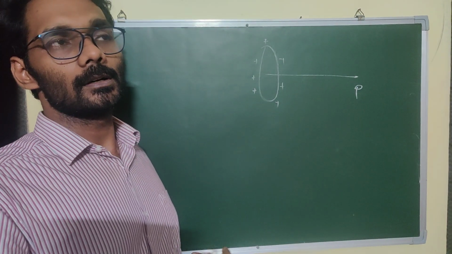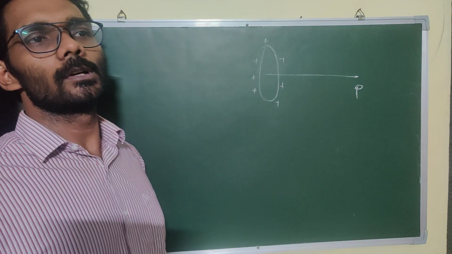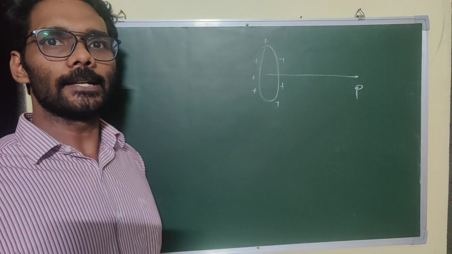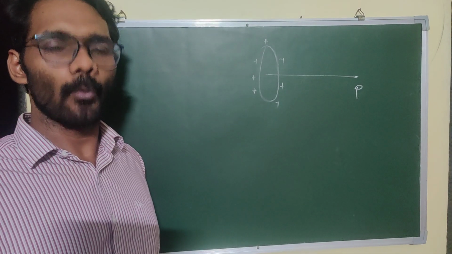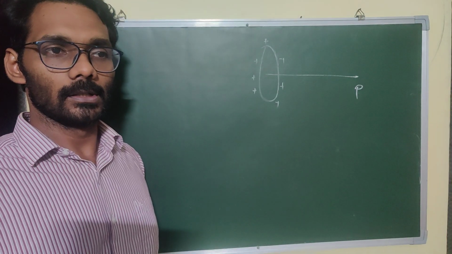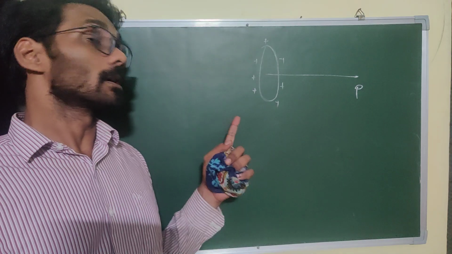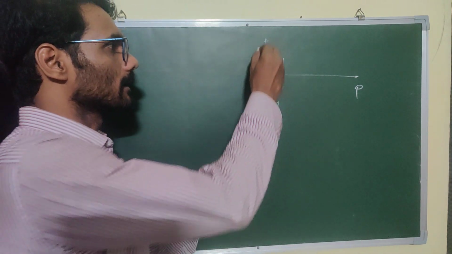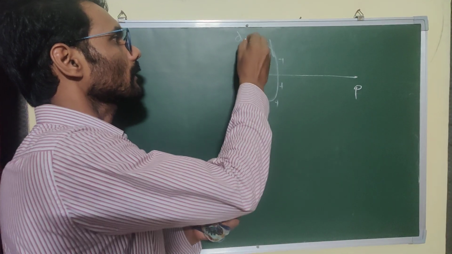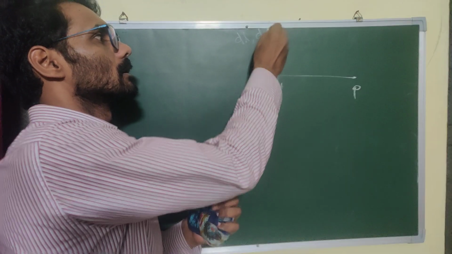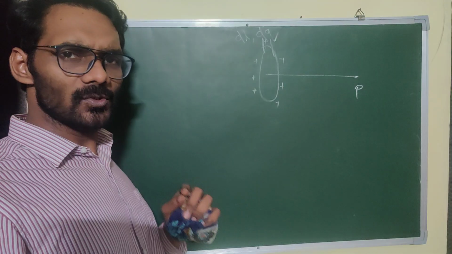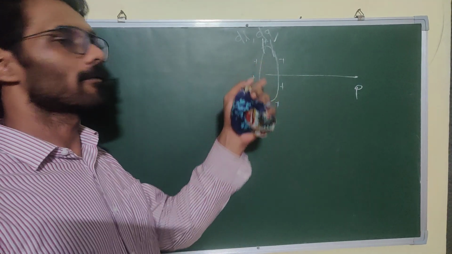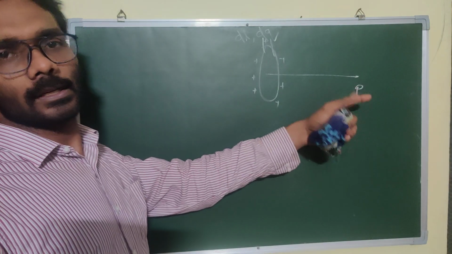Like the previous video, you can check out that previous video, electric field due to a charged wire, straight wire. Likewise, we will take a small length element dl, and so a small charge will be there, that is dq, total charge, let's say q, and we have to find out electric field at this P point.